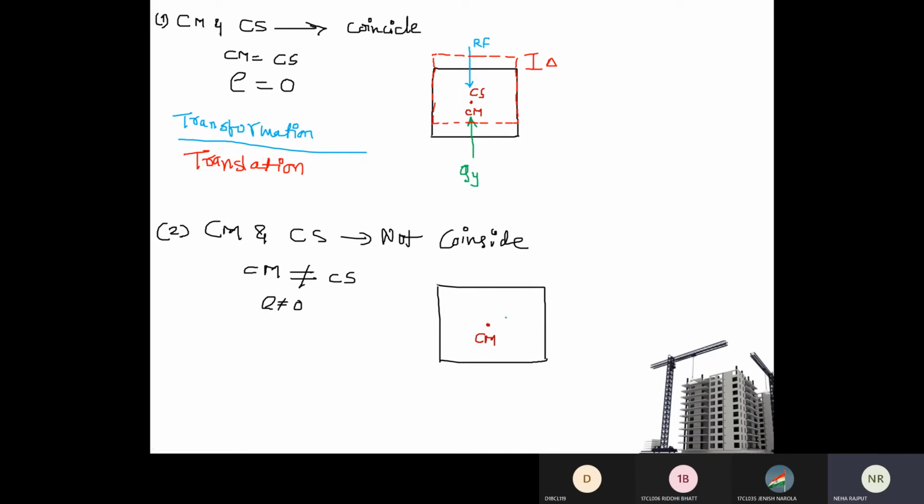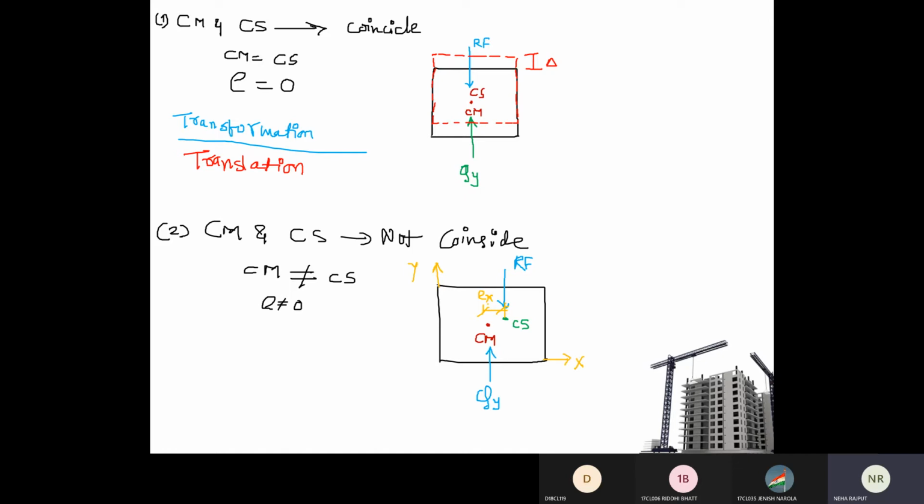Otherwise you need to see both cases in X and Y. Suppose this is my center of stiffness point and this is my inertia force, that is Qy. This will give my restoring force from this direction, and the distance between these two will give the eccentricity in X direction, because this is my X, this is my Y direction, plan X, plan Y. So you will get the eccentricity in X direction.